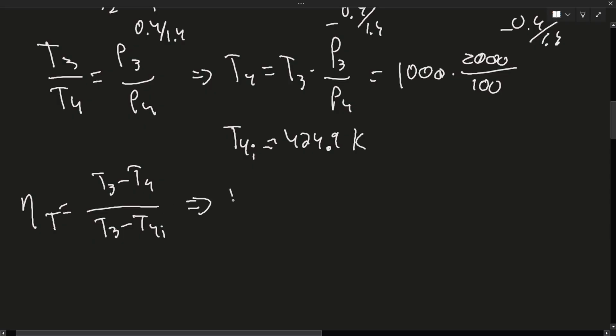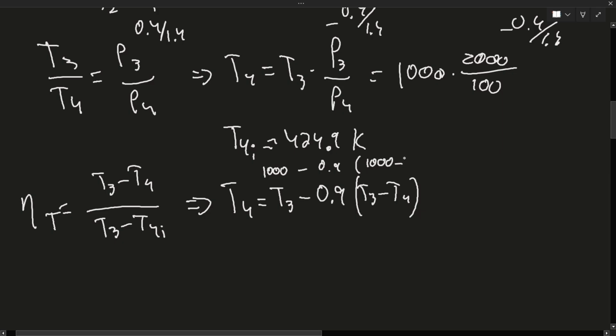That means T4 actual is equal to T3 minus turbine efficiency times T3 minus T4 ideal. We know T3 is 1000: 0.9 times 1000 minus 424.9.